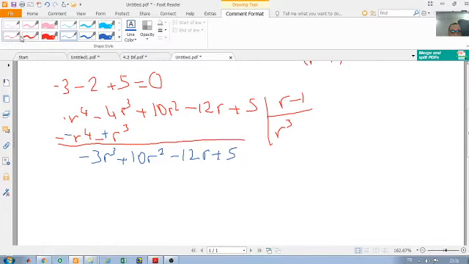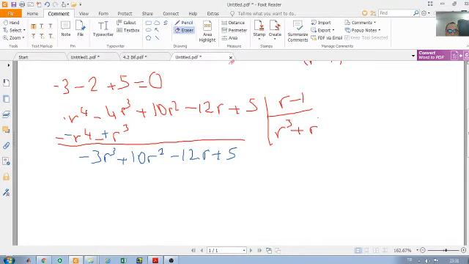Similarly, to get r cube, we multiply r minus 1 by r squared. Actually, we have minus 3 times r cube, therefore we should multiply r minus 1 by minus 3 r squared.